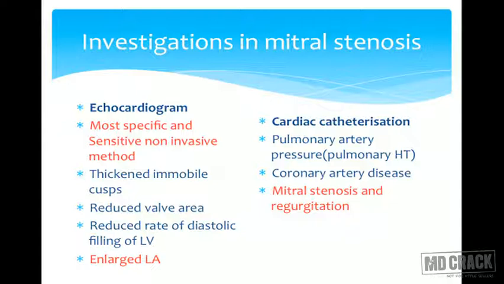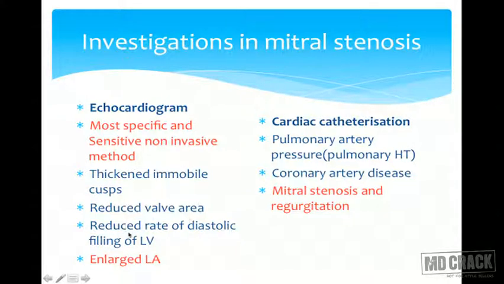What will an echocardiogram show you? Echocardiogram happens to be the most specific and sensitive non-invasive method to diagnose mitral stenosis. Now please try to remember this point. In various MCQs, they will give you options asking which is the most specific and most sensitive method of diagnosing a valvular lesion. Yes, the answer is echocardiogram, which will show you the thickened immobile cusps and the reduced valve area.